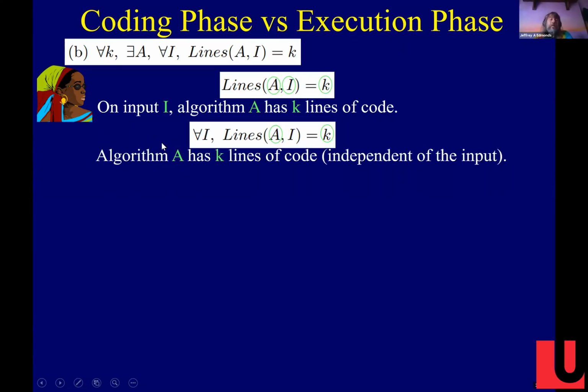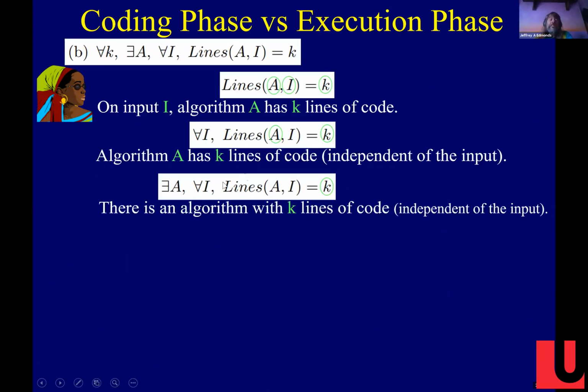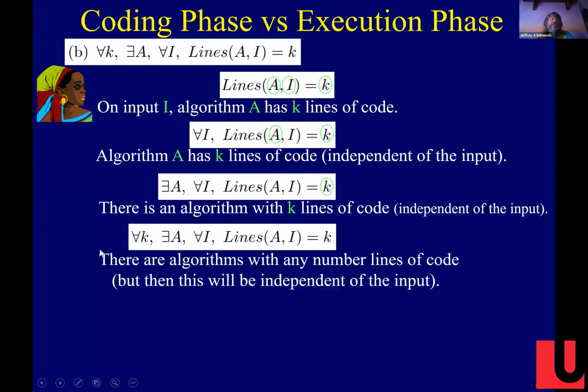All right, so now we bring in the next quantifier. Algorithm is quantified by saying there exists an algorithm with this property. So I'm reading it like, there is an algorithm with K lines of code, independent of the input. And then we want to say every K has this property.